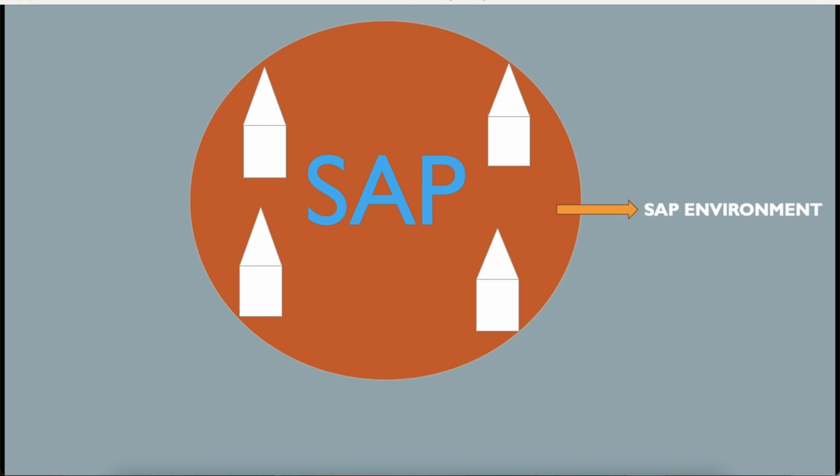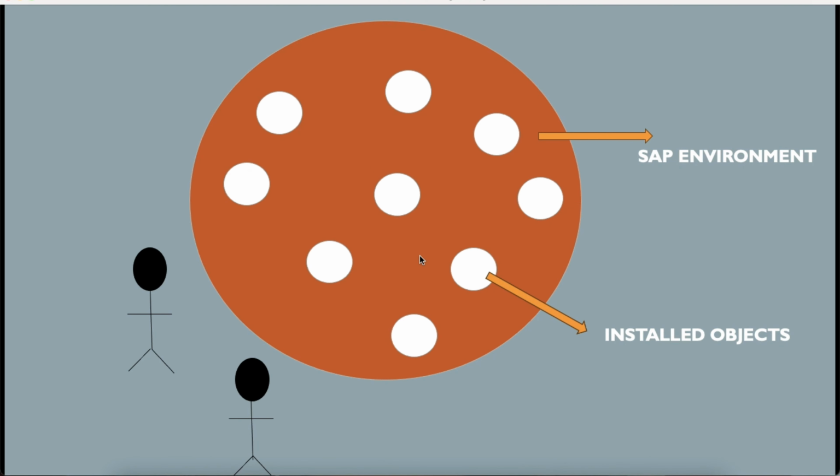Let's look at another definition. Now look at this other shape. We have our SAP environment, and we still have assets as well. And these individuals, these are people that are responsible, let's assume anyway, for the maintenance and the production as well. So what they do is they work here in this environment.